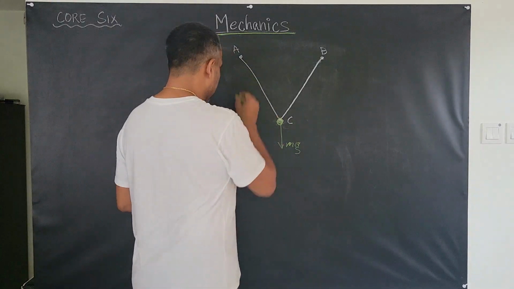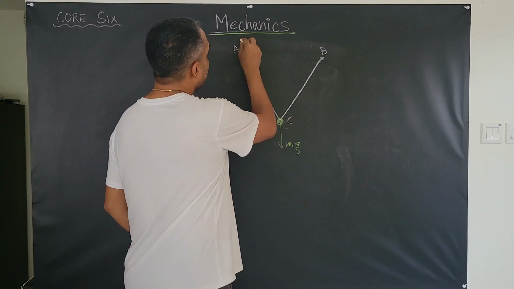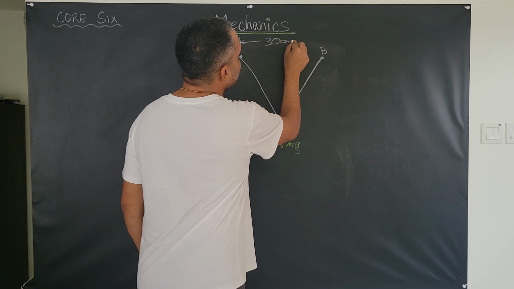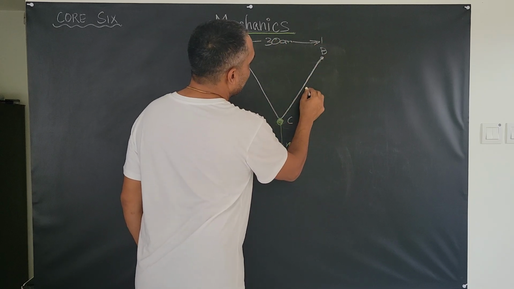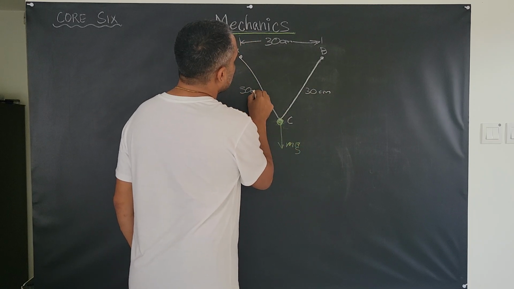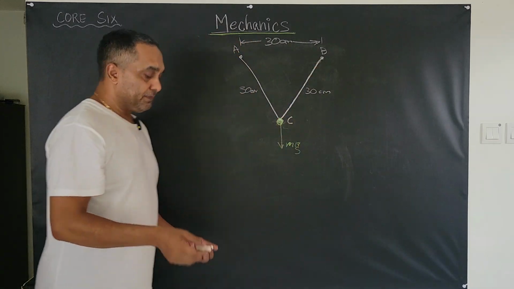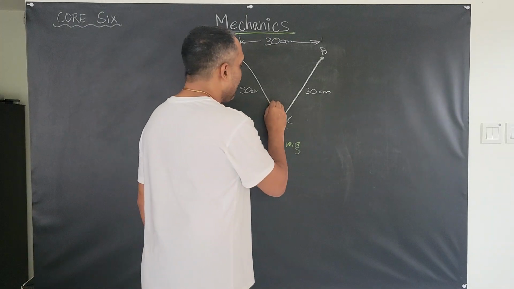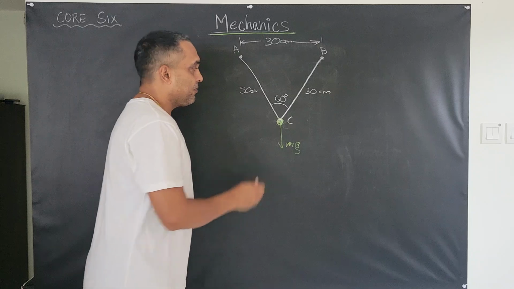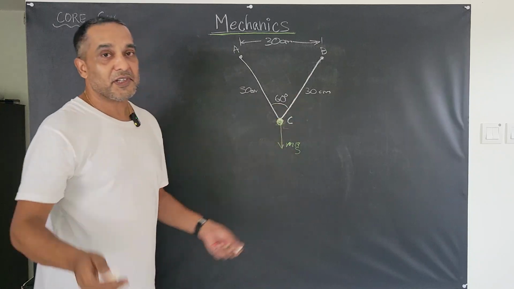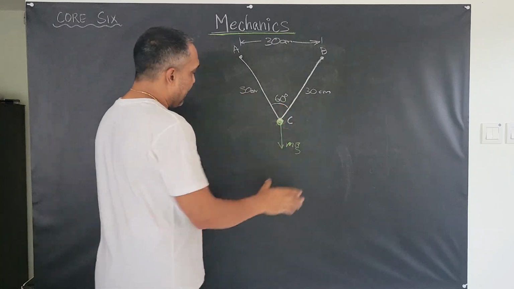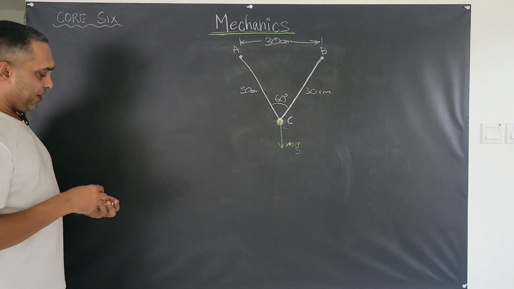So we know that we did state that this was 30 centimeters, and we know that each of these is about 30 centimeters, and this is 30. So in an equilateral triangle, the angle here will be, your math, just 60 degrees. Whether these are 30, 30, and 30, 40, 40, and 40, didn't matter, right? That's 60 degrees.